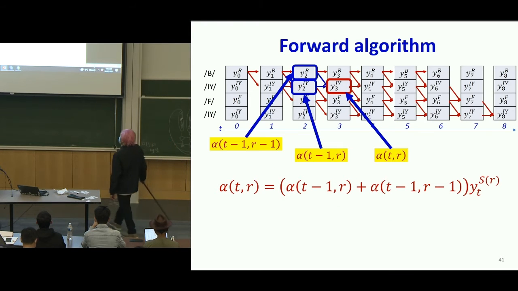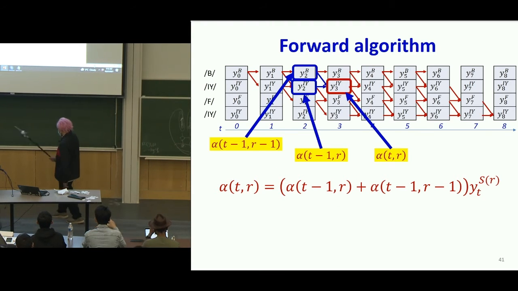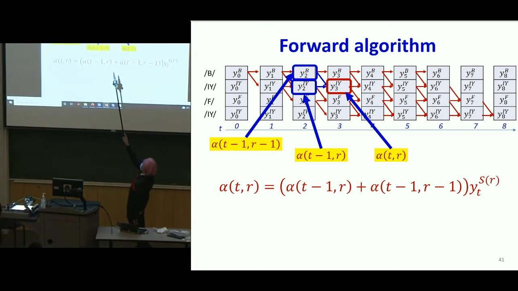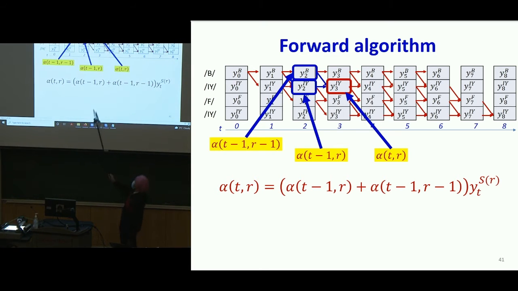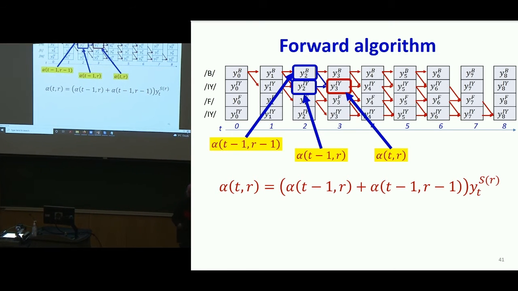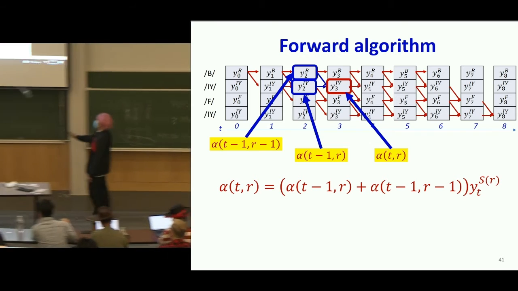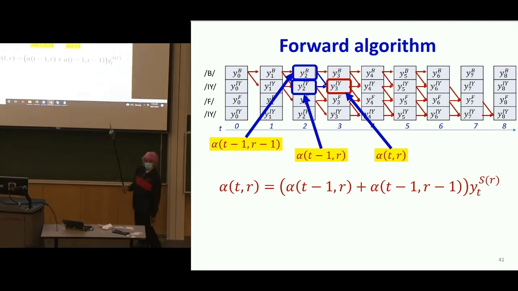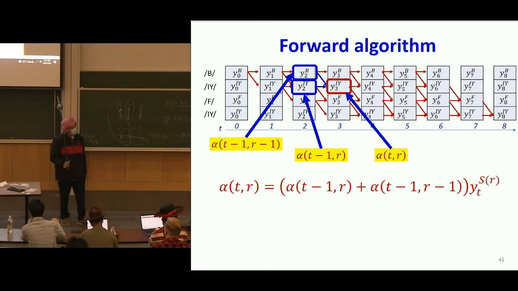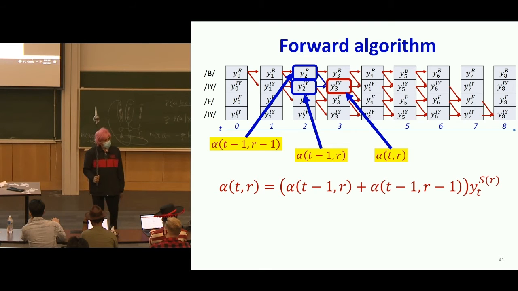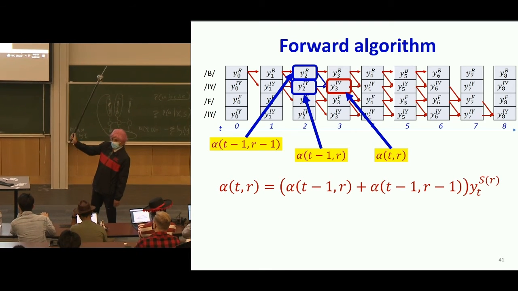What you're going to find is alpha t,r is going to be the sum of the alphas at the two blue nodes, alpha t minus 1,r plus alpha t minus 1,r minus 1, where r is basically the row index, times y_t, the probability assigned to the symbol in the rth row at time t. That's y_t,S(r). There's a lot of funky looking math over here, but there's nothing particularly complicated.